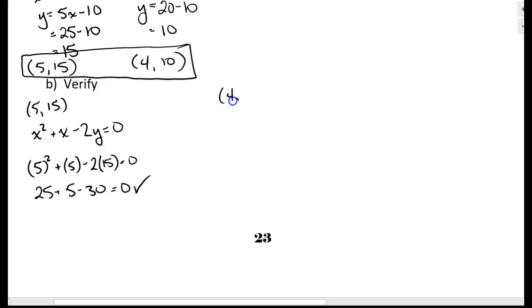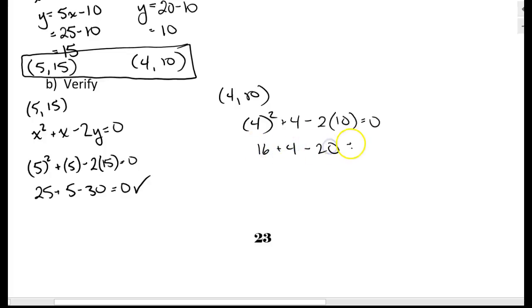We'll do the same thing for 4 and 10. I've got my equation written over here already, so I'm not going to rewrite it again. 4 squared plus 4 minus 2 times 10 equals 0. 16 plus 4 minus 20 equals 0. That is true. So both of these points are entirely valid.